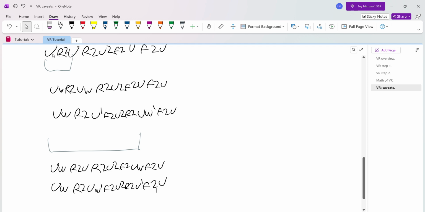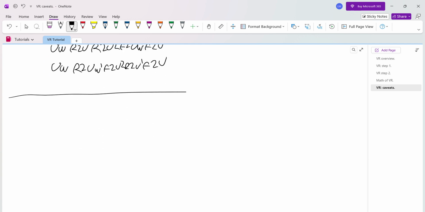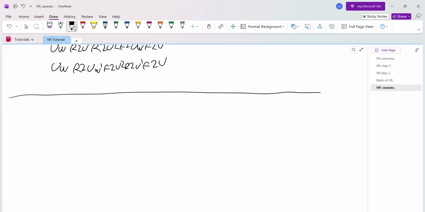Okay. Now there's a last caveat, and this is regarding specifically VRs in +2 or more, which basically need VRs in +2 only, because I don't think you ever need to look for VRs in +3. But yeah. So you know how R2 and L2 commute, right?